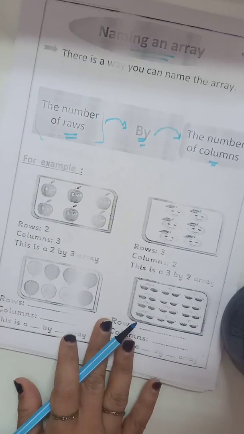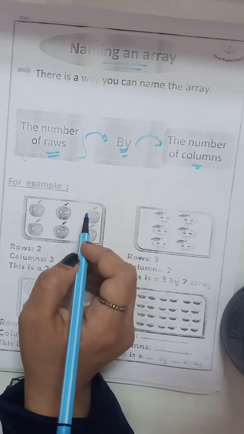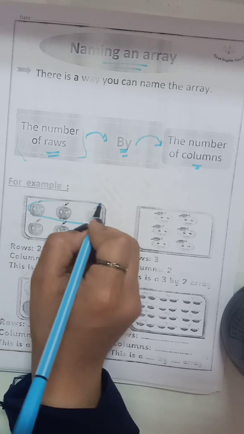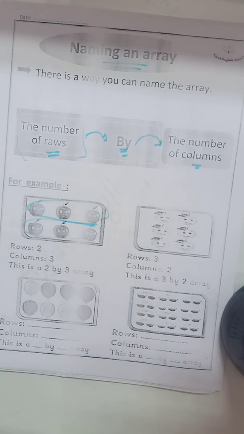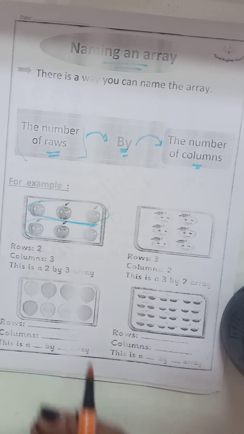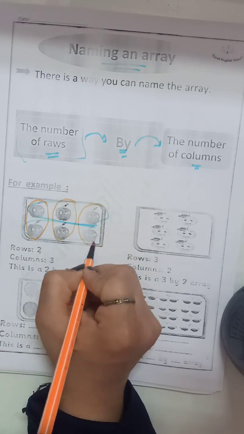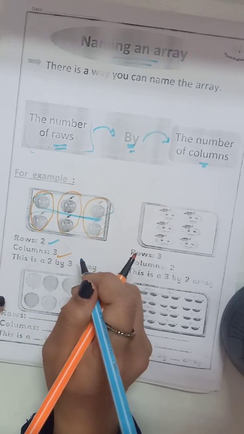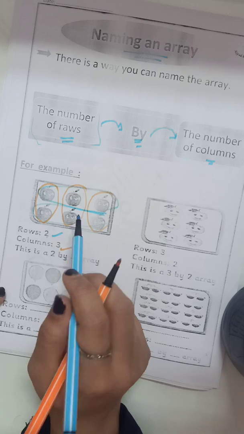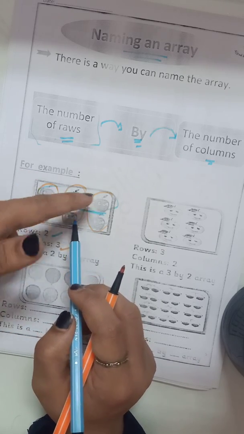Okay, look at this example. How many rows here? 1, 2. And how many columns? 1, 2, 3. Okay, so what is the name of this array? The name of this array is 2 by 3.